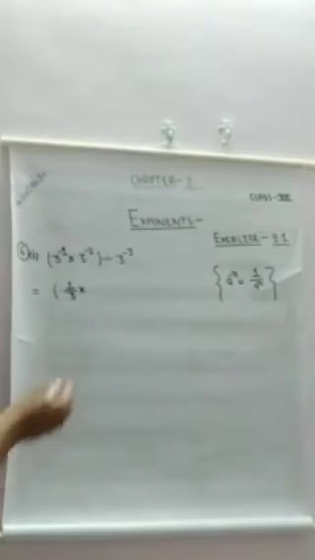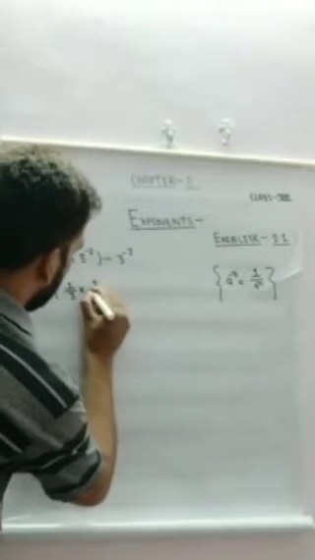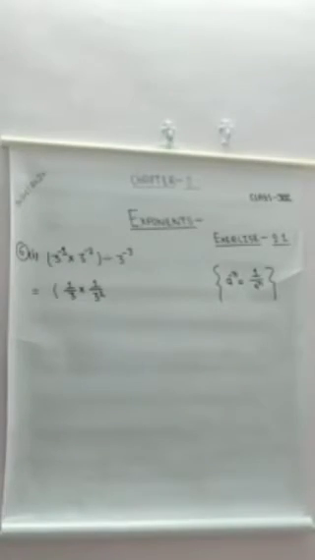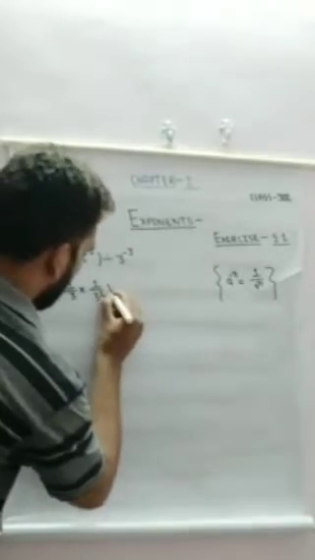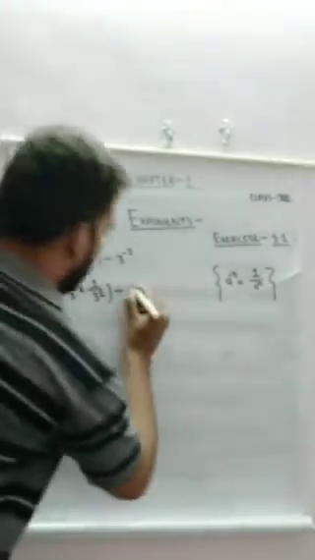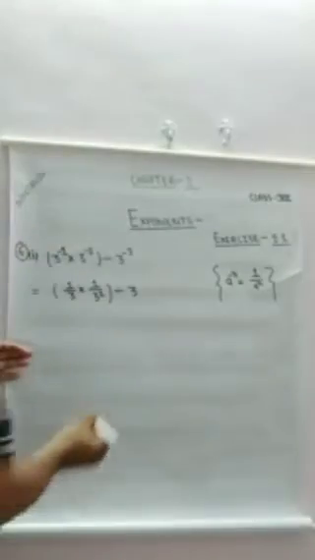We can write as 1 upon 3 raised to the power 2, divided by 3 raised to the power minus 3.